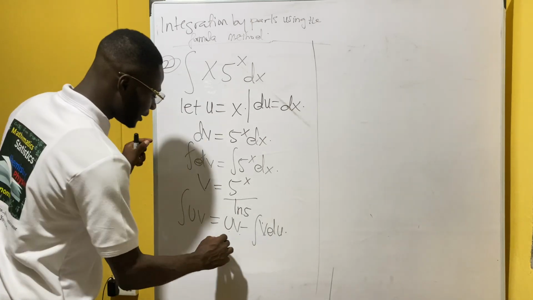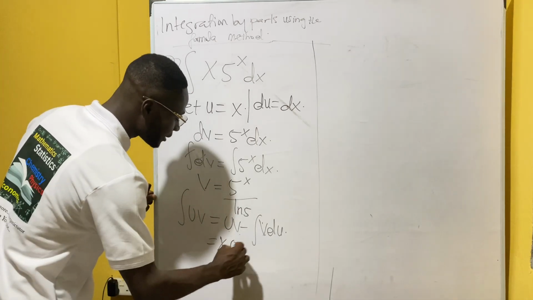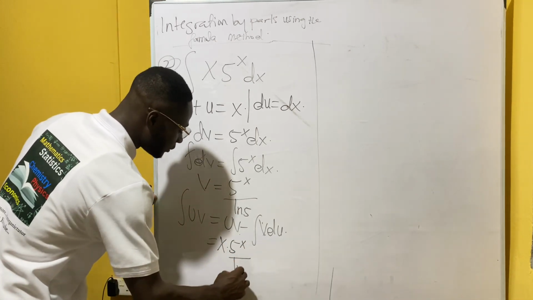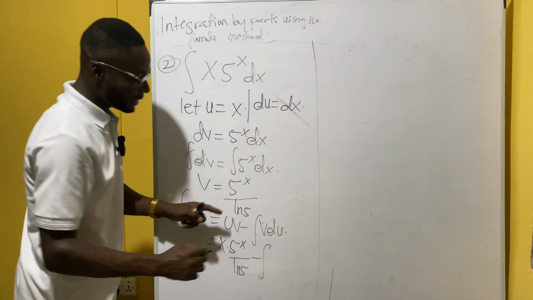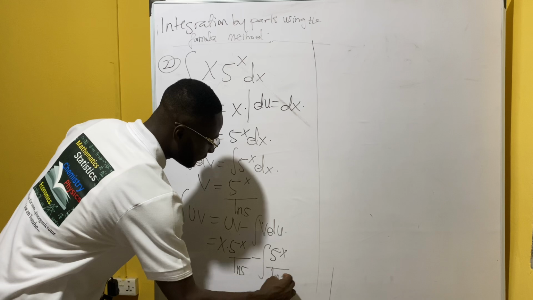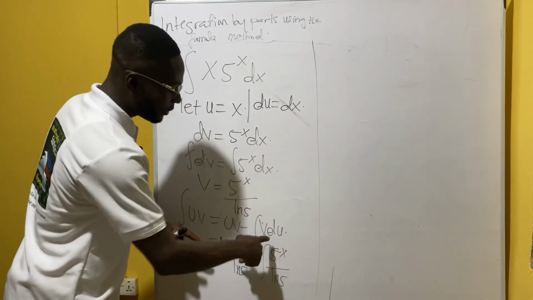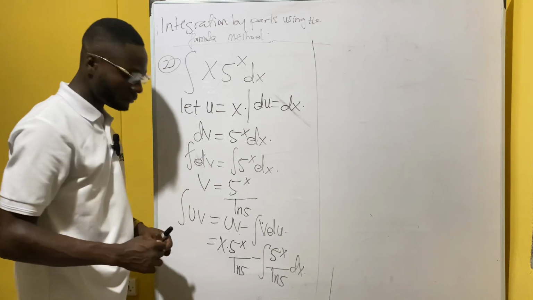So our u right here is x, and our v is 5 power x on ln 5, minus our v right here is 5 power x over ln 5. Then our du is dx. Good.